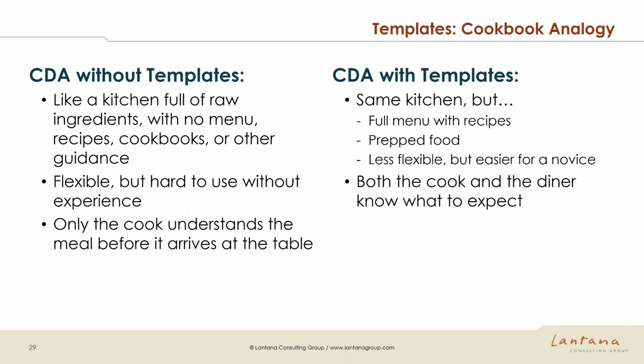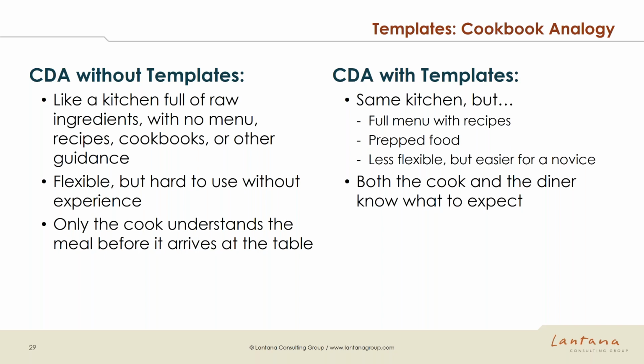Now flip that with CDA with templates. In this case, you're more along the lines of what you would see in a restaurant. So you might have the same ingredients in the kitchen, but there's a set of menus that the diners can order from, and those menus correspond to recipes back in the kitchen that the cooks follow. And when you have this approach, there's a lot more consistency.